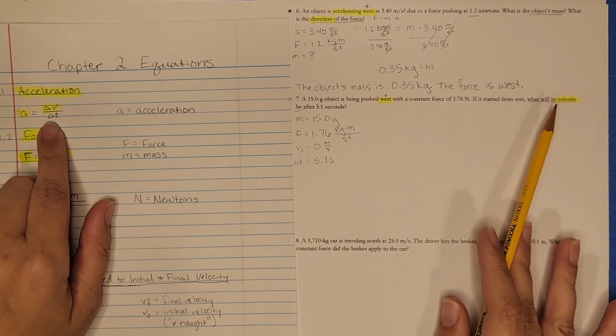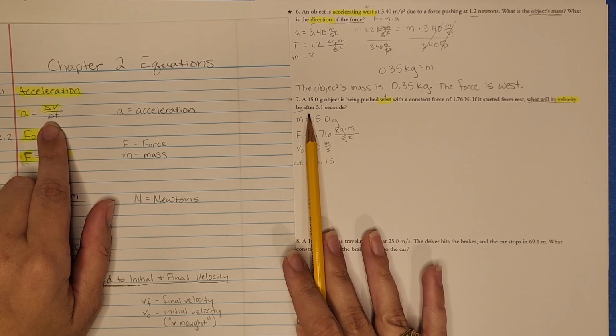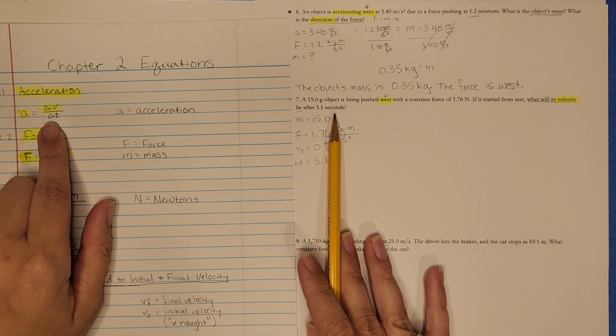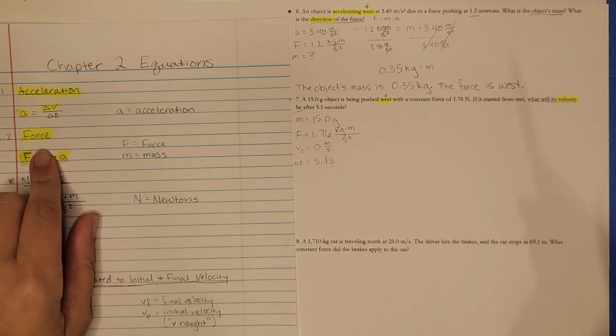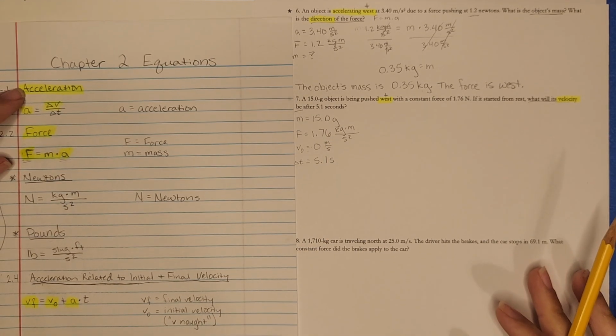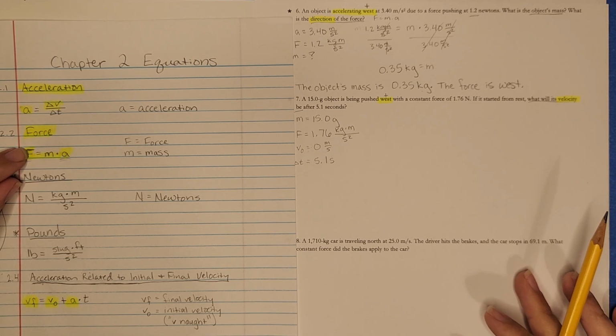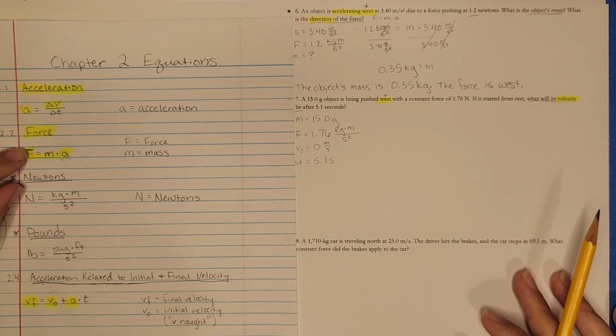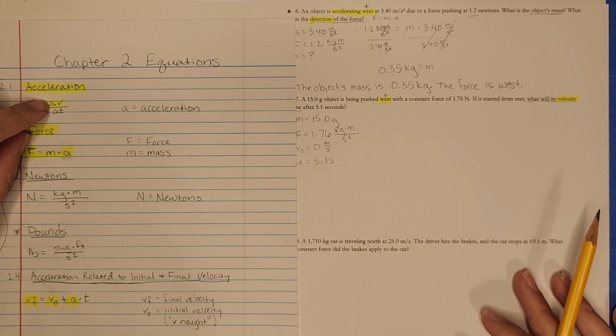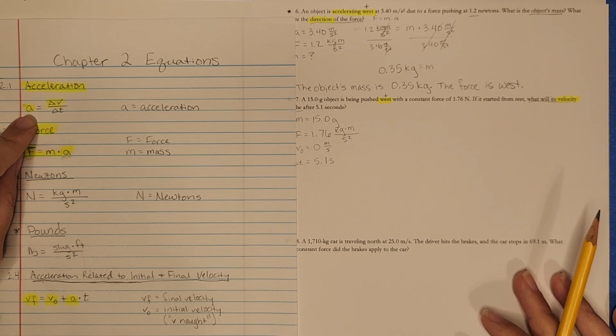What it's asking me for is the final velocity after that 5.1 seconds has transpired. And so what I'm going to need here is actually both of these equations, okay? So what I'm going to have to do first is to get this final velocity, I need to figure out what the acceleration is, okay?